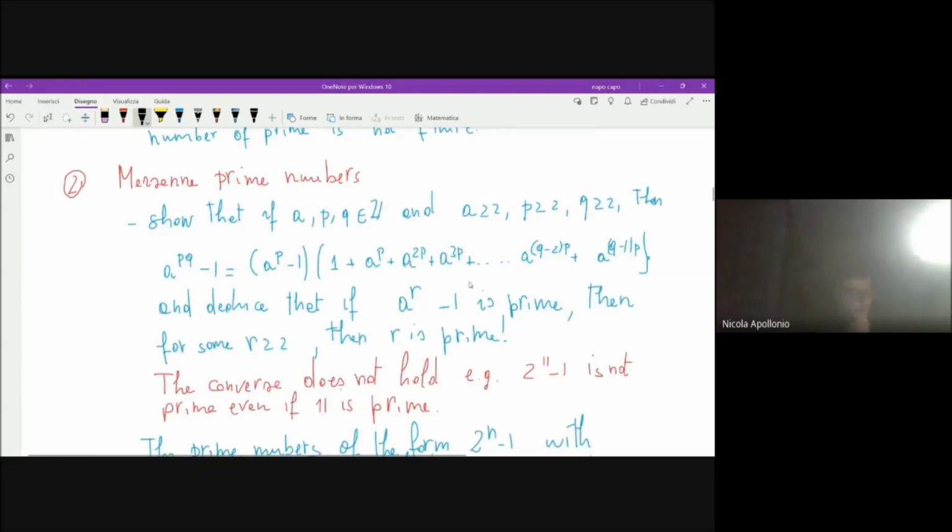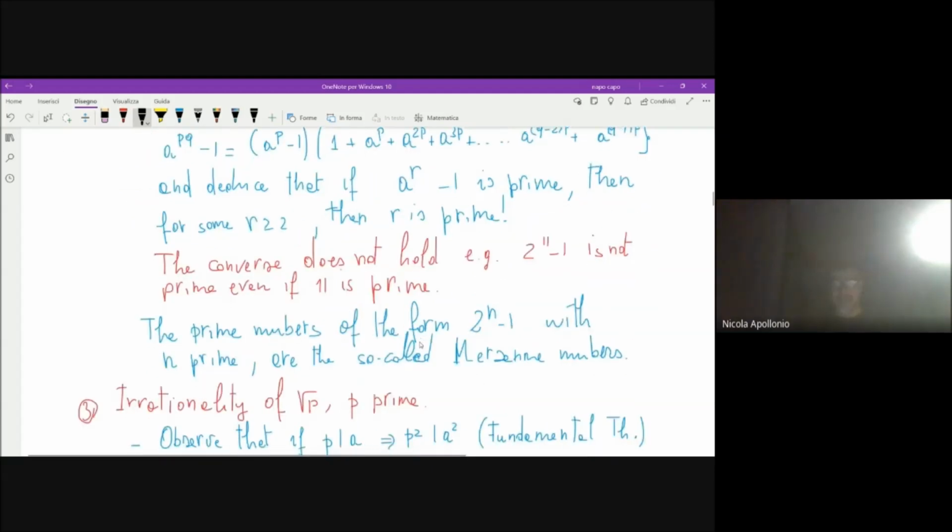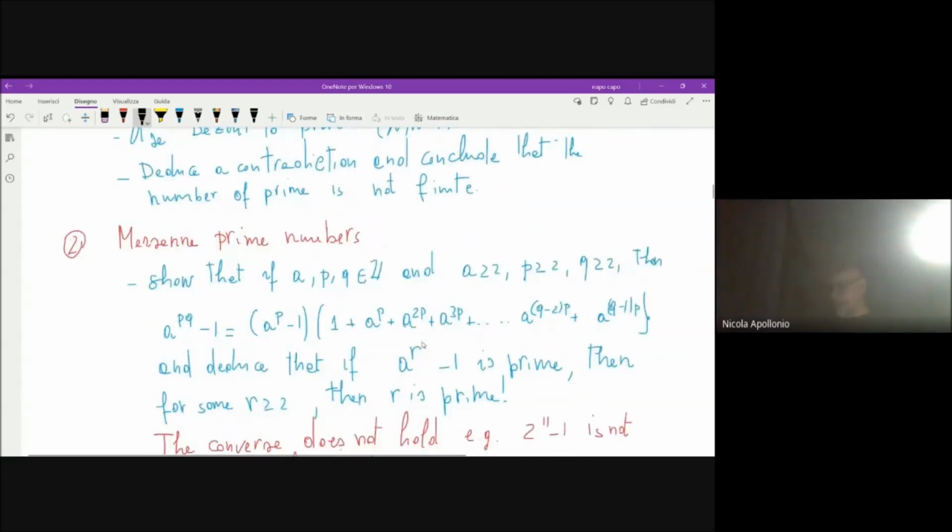There are also famous prime numbers. There are Mersenne, Fermat, there are several others. I didn't write what the Mersenne number is. Consider numbers of this form when n is prime.